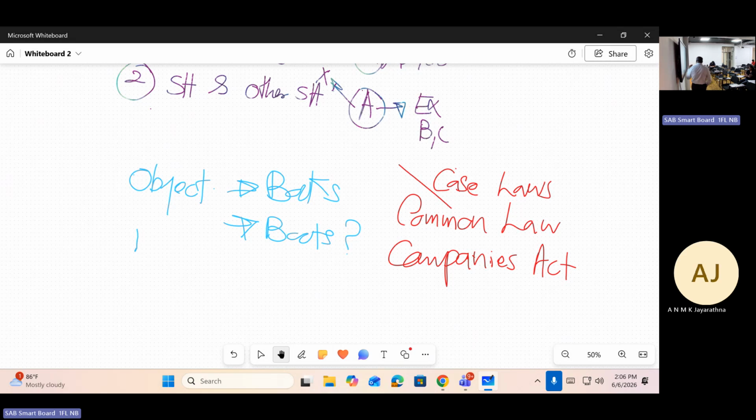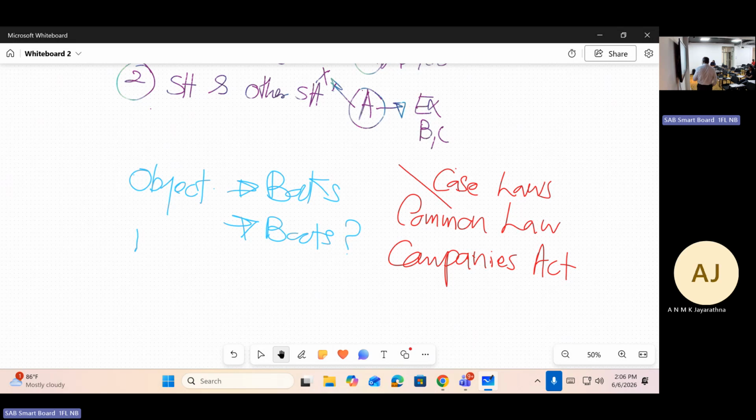Now, when we consider the common law, we can identify a particular case, Ricky versus Ashbury Railway Company.